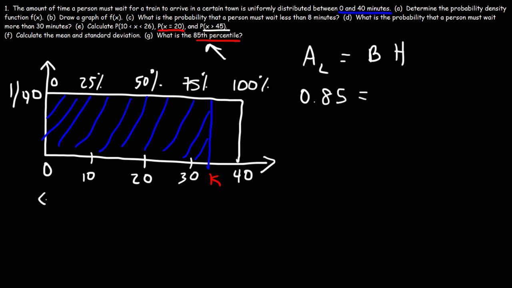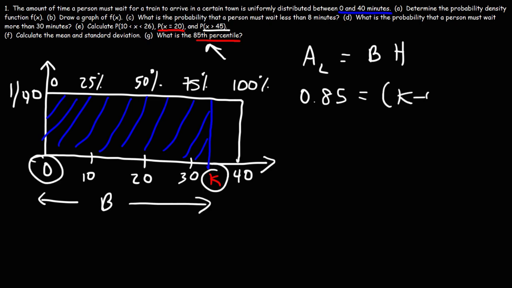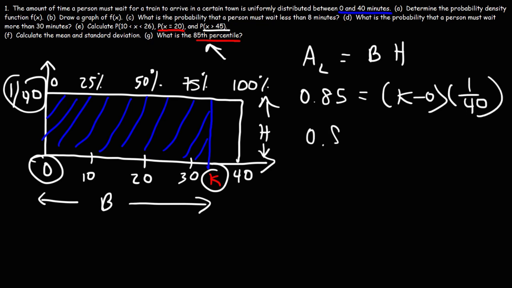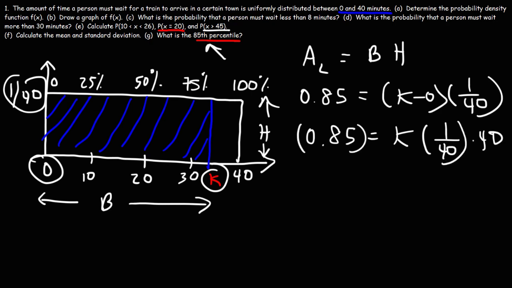So we can replace the area with 0.85. Now the base of the rectangle is the difference between k and 0. So it's k minus 0. The height is still the same. That's 1 over 40. So we have 0.85 is equal to k minus 0, which is simply k, and then times 1 over 40. To get rid of the fraction, we can multiply both sides by 40.